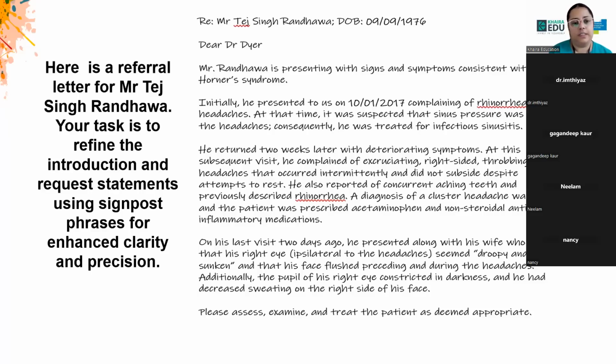When you have read the letter, think of an introductory signpost that we learned that can be used to begin the paragraph stating the purpose, and think of a conclusive signpost that can help us in ending the letter.